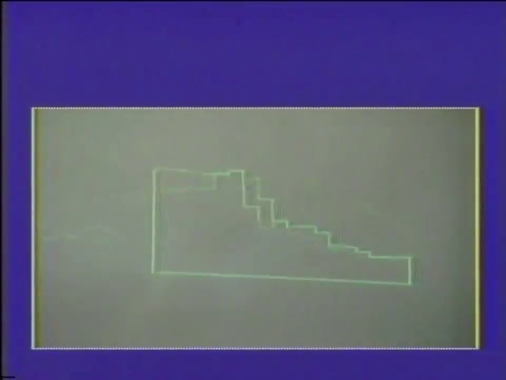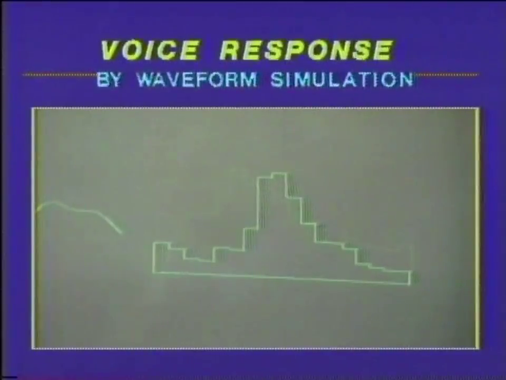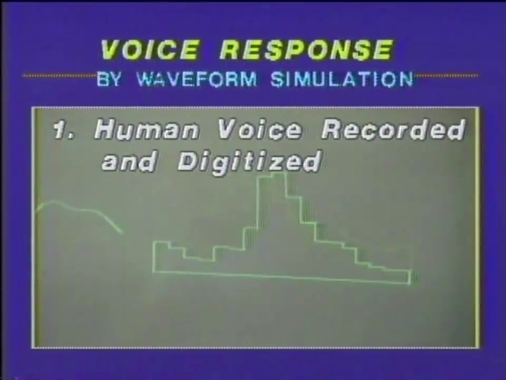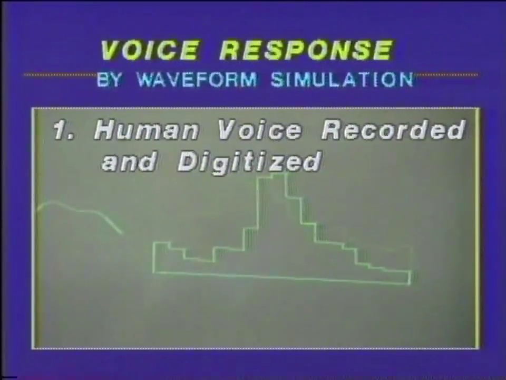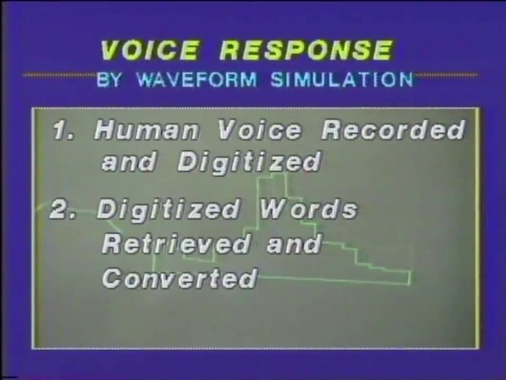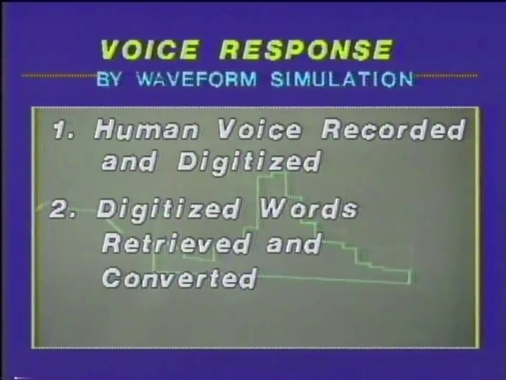Waveform simulation requires that someone speak the vocabulary into a microphone. The computer uses an analog-digital converter to digitize and store the words. When the computer wishes to give a voice response output, it retrieves the correct digitized word from storage and sends it to the awaiting listener through a digital to analog converter.